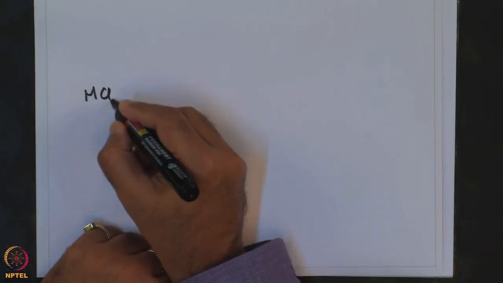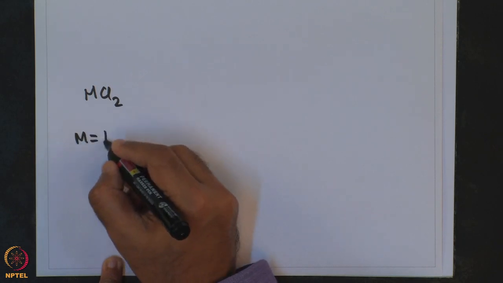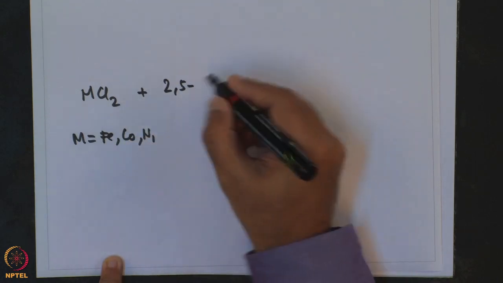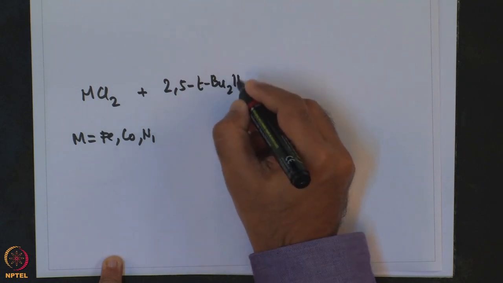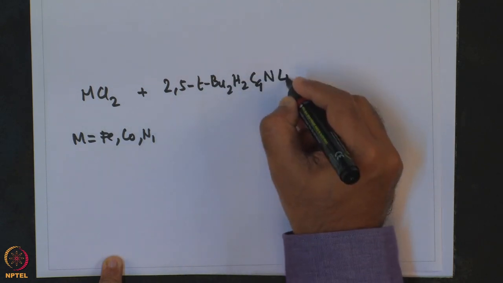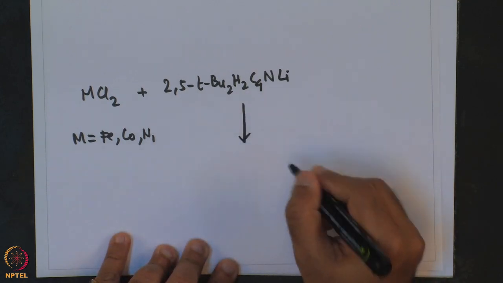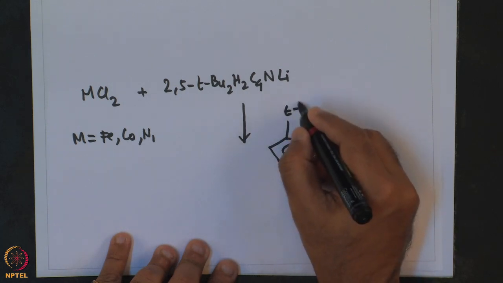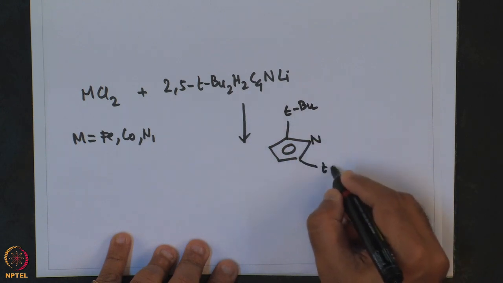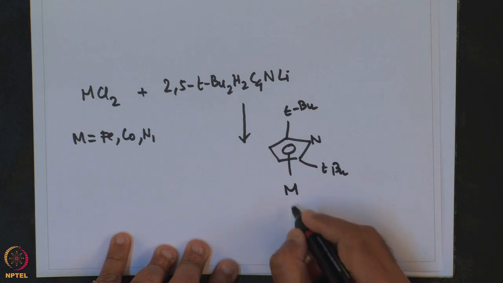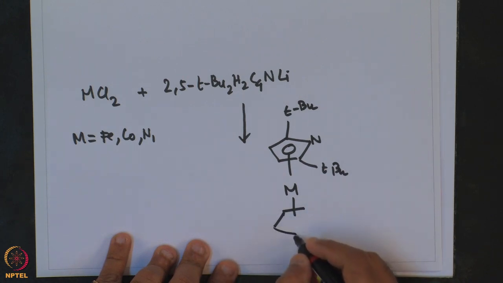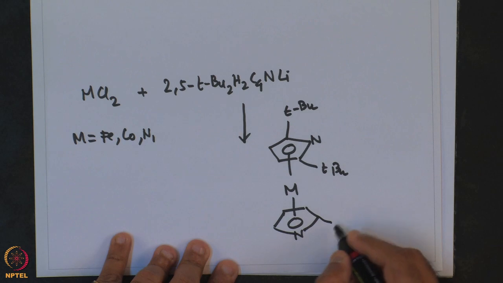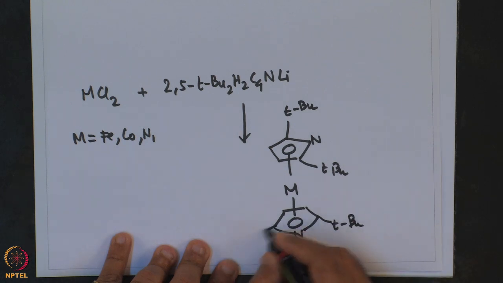The reaction involves MCl2, M equals iron, cobalt and nickel, plus 2,5-tert-butyl H2C4N Li, the preformed lithium salt, that would give this tert-butyl N, tert-butyl M, as a ferrocene with tert-butyl substituents.